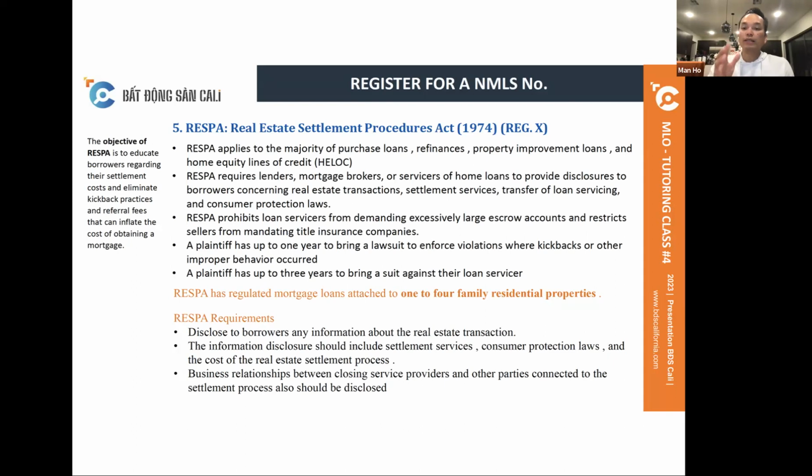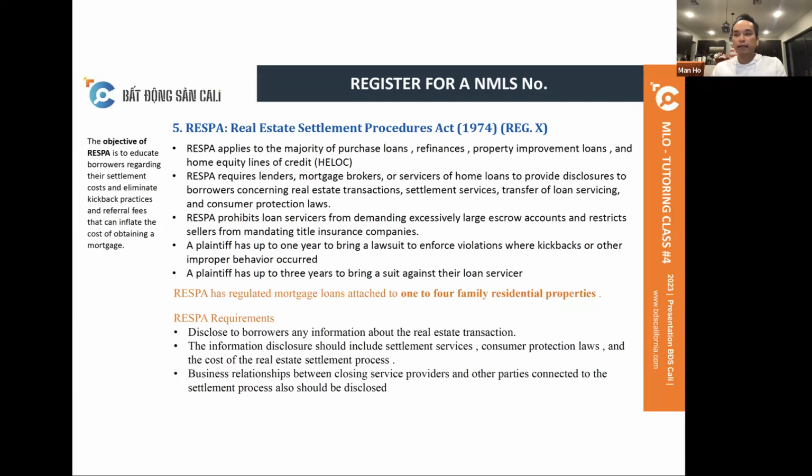RESPA only protects 1 to 4 unit residential. RESPA requires disclosure to the borrower of any information about the real estate transaction. The disclosure should include settlement services, consumer protection laws, and the cost of the real estate settlement process.